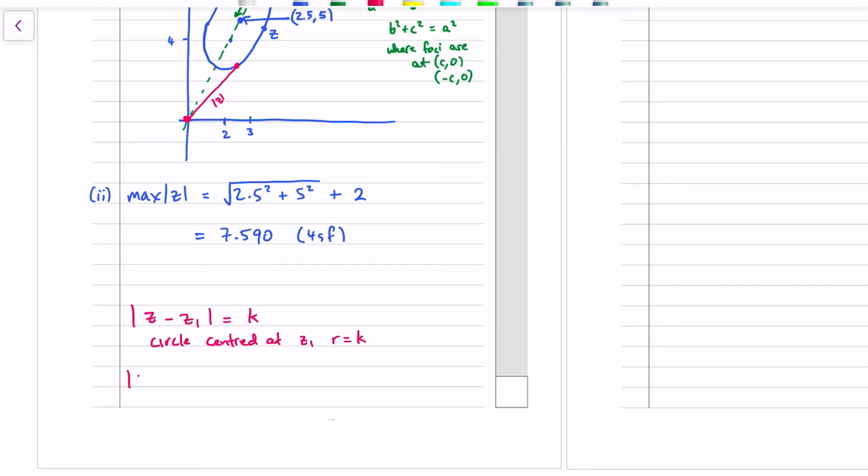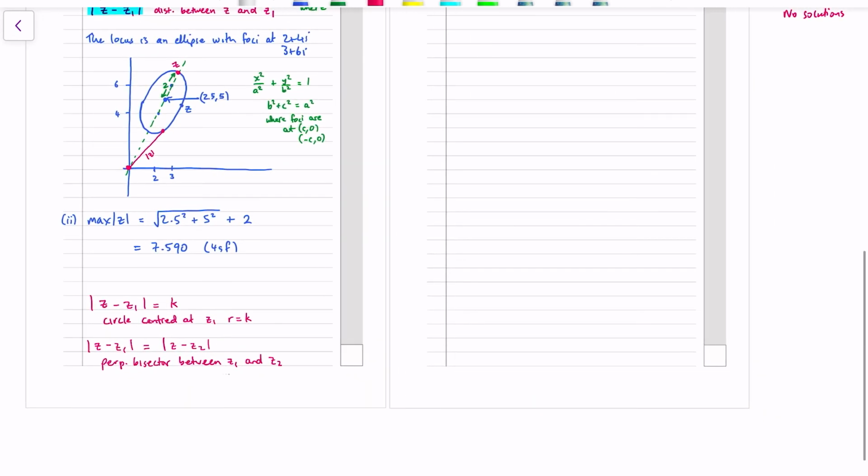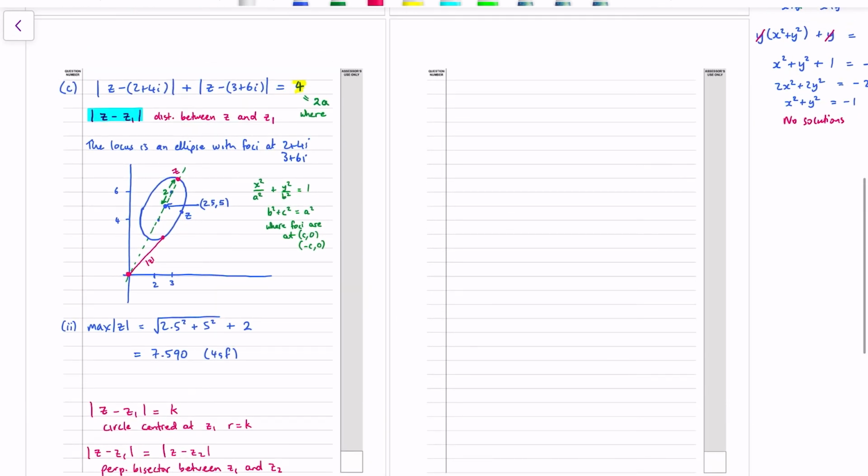Or you might have something like modulus of z minus z1 equals modulus of z minus z2, and that's a perpendicular bisector between z1 and z2. So that says the distance between z and z1 is the same as the distance between z and z2. So it'd be a perpendicular bisector. Now those things are stuff that you could brush up on in your level 3 that will help you with recognizing a scholarship problem without doing any x plus iy substitutions.